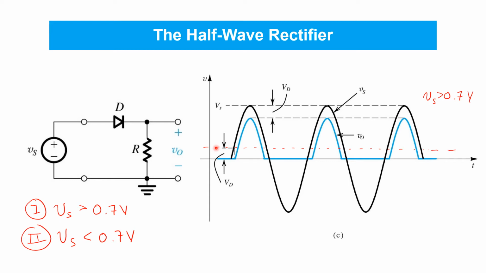In that case, we'll be in situation 1, and the output will follow the input but shift it down by 0.7 volts. And that's what we see in this plot, where the black solid line is the input voltage Vs. We see that on the top parts of the sinusoid. So here, and then again here.